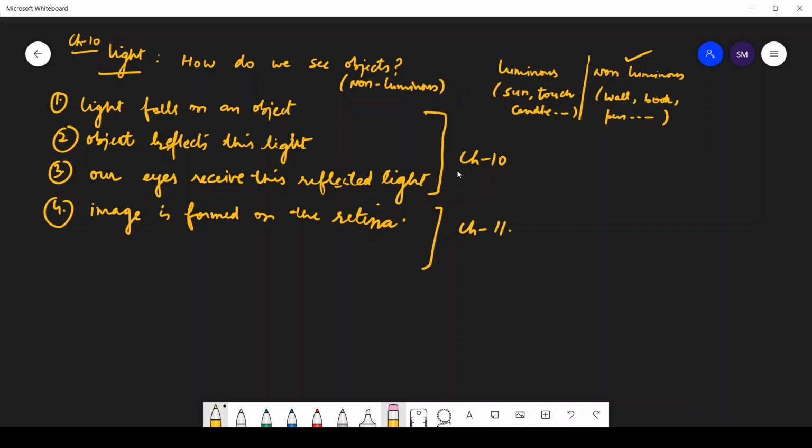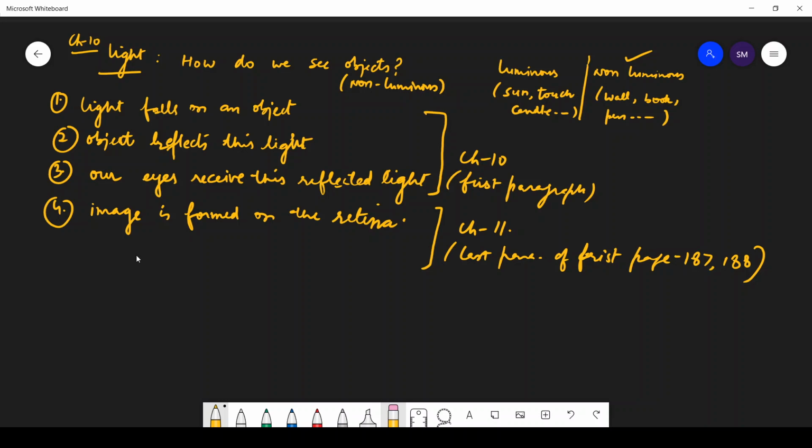So this is from the first paragraph of chapter 10, and this information you have from the last paragraph of the first page of this chapter, which is page number 187 and 188. So you can read it, okay? I have not written this.